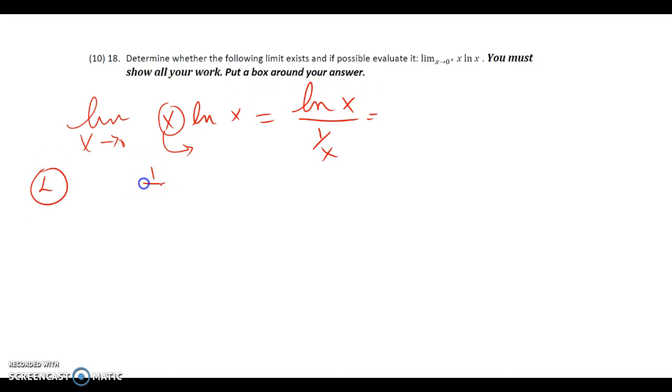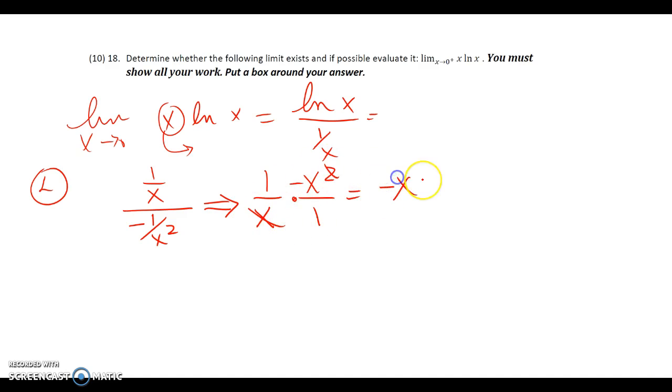So the derivative of the top is 1 over x. The derivative of the bottom, which is x to the minus 1, is minus 1 over x squared. Well, let's look at that. Let's rewrite this for a second, not as a quotient of fractions. So it's the numerator multiplied by the reciprocal of the denominator, right? Which now equals negative x, doesn't it?